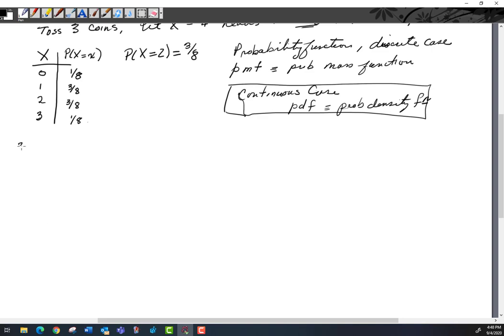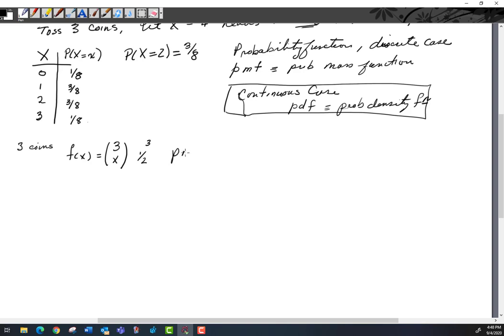So we'll stick with our 3 coins. Now we could let f of x equal 3 choose x, times 1/2 to the power 3.